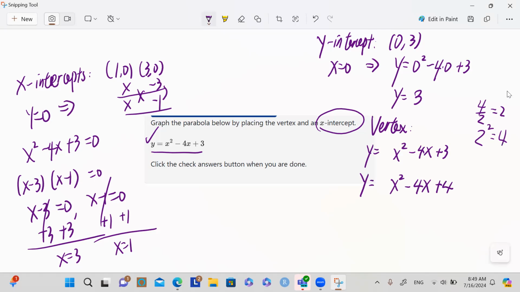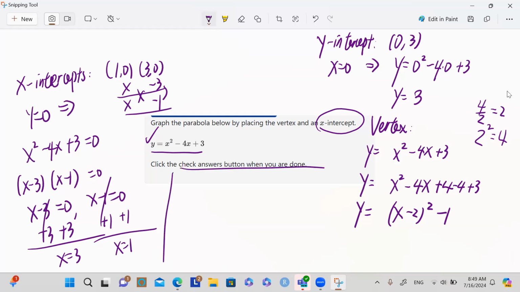So that means adding 4 and subtracting 4, plus 3. Now we get a perfect square here: x minus 2 squared minus 1. Now we can find the vertex by setting x minus 2 equals 0, which gives the axis of symmetry, so x equals 2.